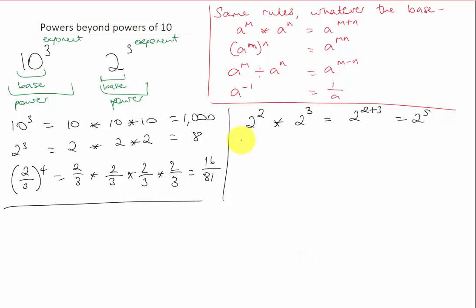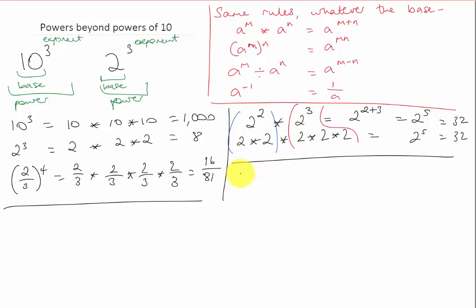And if we expand that out, that's 2 times 2, so that's this one, and then we've got times 2 times 2 times 2, so that's this one. So that's the same as saying 2 times itself 5 times, which is 32. 2 times 2 is 4, times 2 is 8, times 2 is 16, times 2 is 32. Okay, so these two things are equivalent.